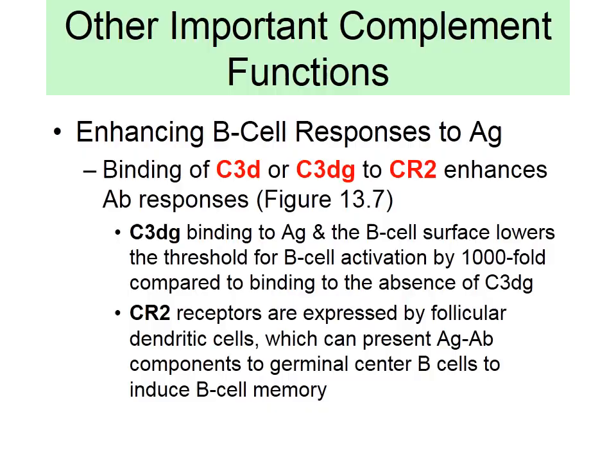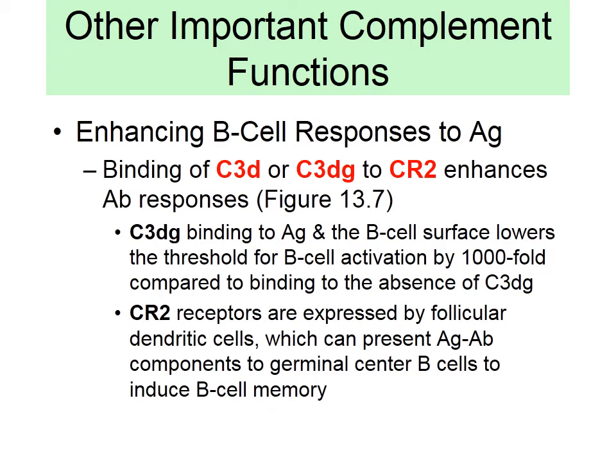Now, let's review them again. We saw the previous figure. There was binding of C3d or C3dg to CR2, and then of course enhancing antibody responses. And you saw especially C3dg binding to antigen, which lowers the threshold for B cell activation.